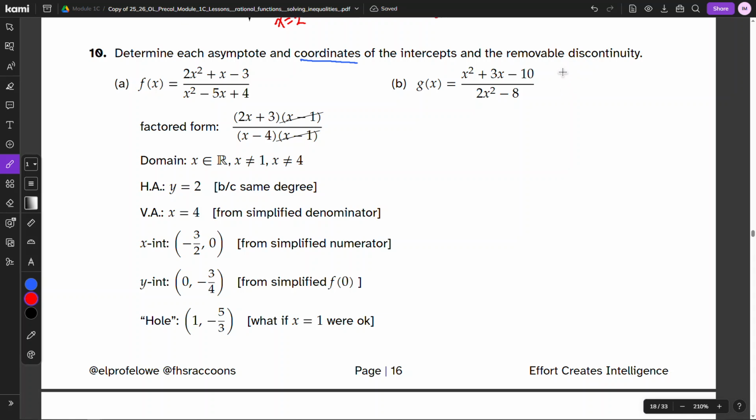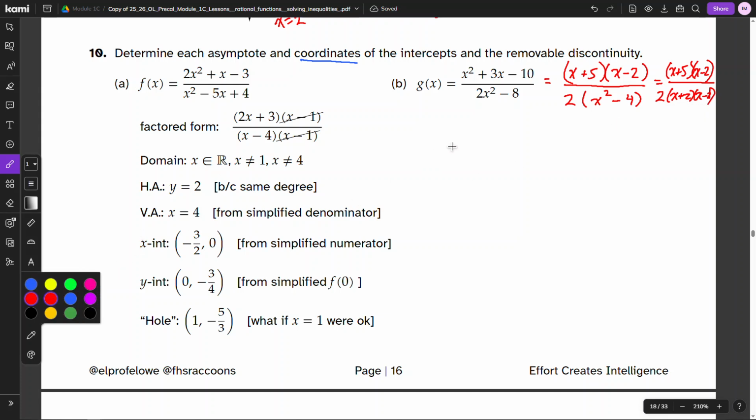Right, so factoring the numerator, that's going to be x plus 5, x minus 2. The denominator, I'll start factoring out a 2, and that's going to be 2 times x squared minus 4. So that's x plus 5, x minus 2, all over 2 times x plus 2, x minus 2.